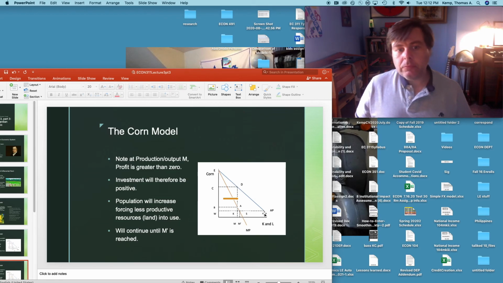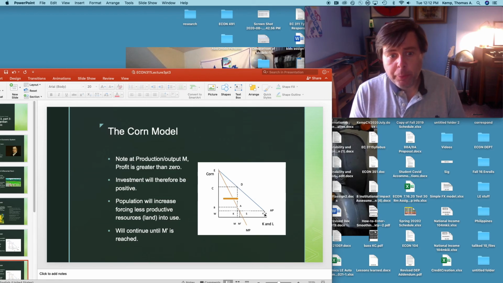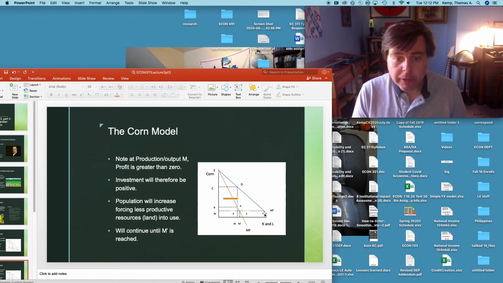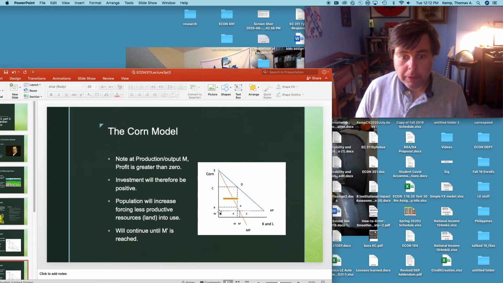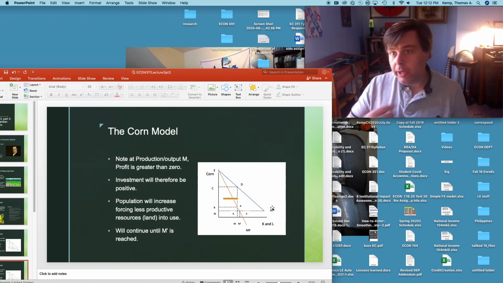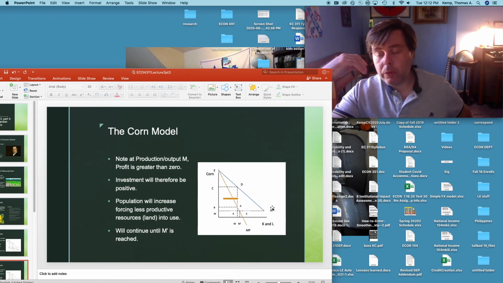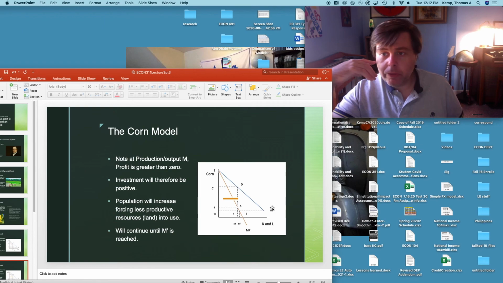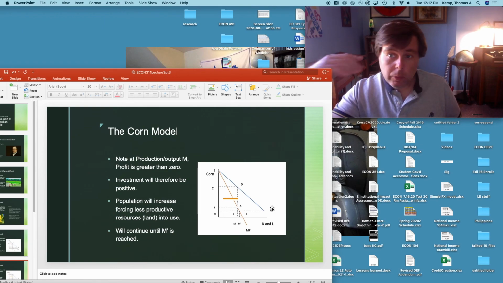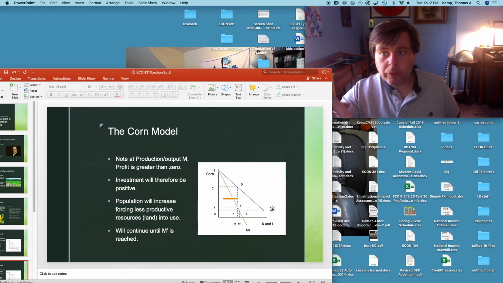In other words, as long as we assume that we're not already at the steady state, the model will work just fine. Predictions will remain the same. Note that at M output, profit is greater than 0. We just talked about that. It's that area KABW, this area right here. And so therefore the farm owners of capital, well, it's not landowners, it's the operators of the farm, will continue to take that profit and turn it over into investment, and that will yield greater productivity.